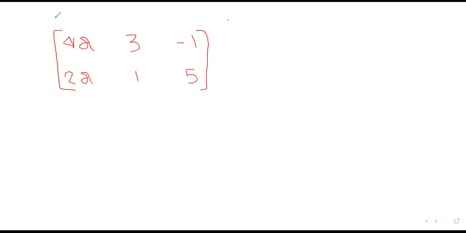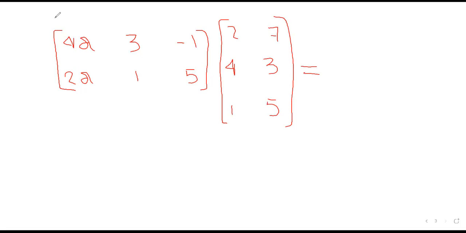And then the second one is just like that. That is 2 and 7. And in the second row, 4 and 3, and 1, 5, and this is the close. And the product, so there is a sign of multiplication.